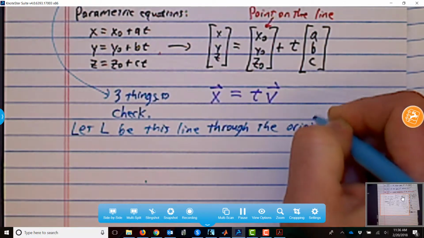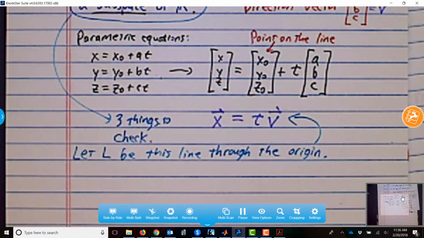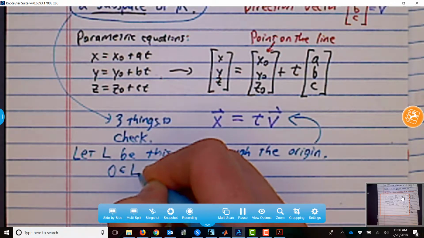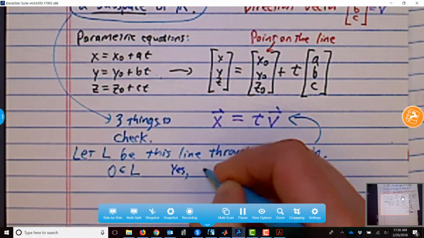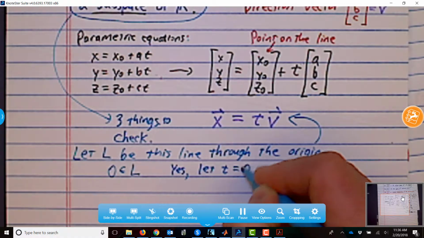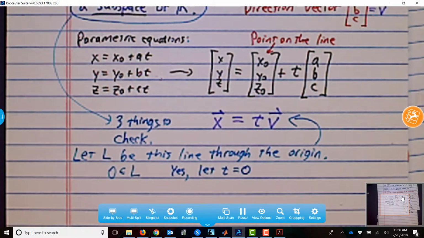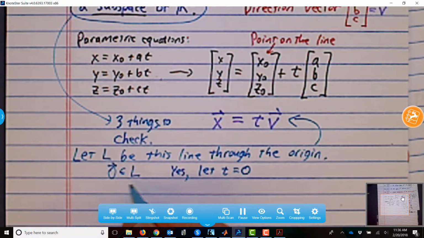Well, I'm going to represent it this way with that purple equation. So what are the three things I need to check? First of all, is 0 on the line? Well, yes. Just let t equal 0, and then 0 times that vector is going to be the 0 vector. So is the 0 vector part of the line?